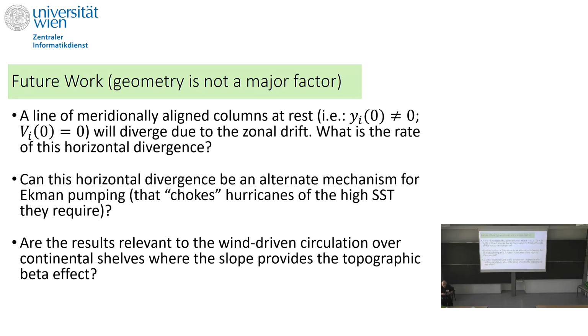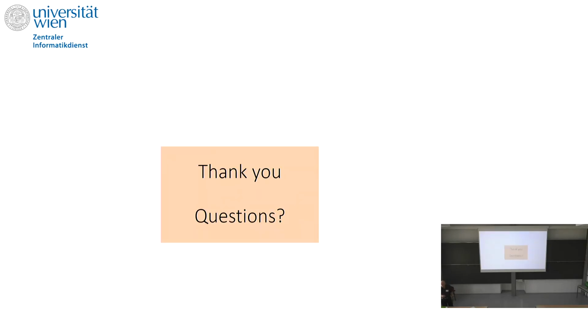So in principle, one could do the same thing and ask what happens if the wind blows over the continental shelf and we look at the westward migration as migration along the shelf instead of across the shelf, and study similar phenomena. And with that, I'm closing. Thank you very much.